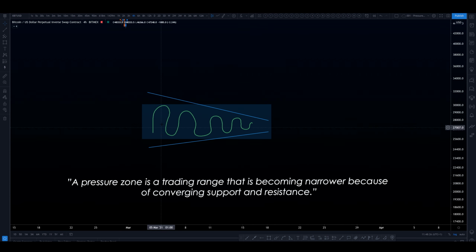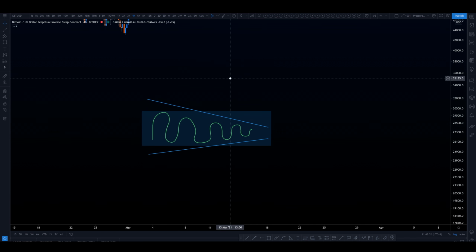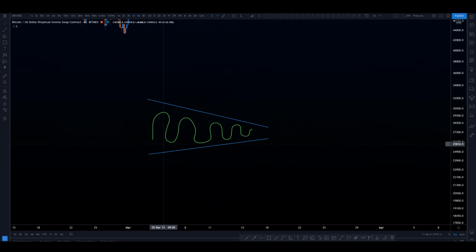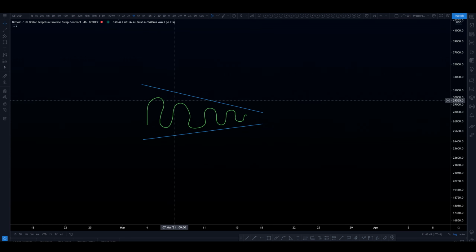It's a trading range that is becoming narrower, like this, for example. You maybe already know this kind of pattern. It's a triangle, a symmetrical triangle, for example. And you can imagine that pressure zones can be found in many different patterns and formations.